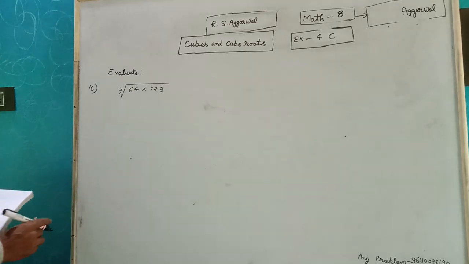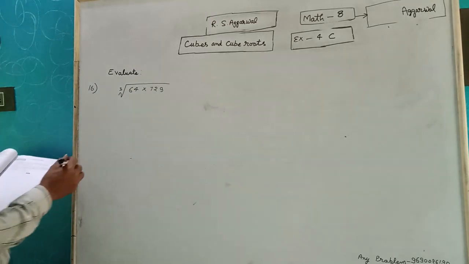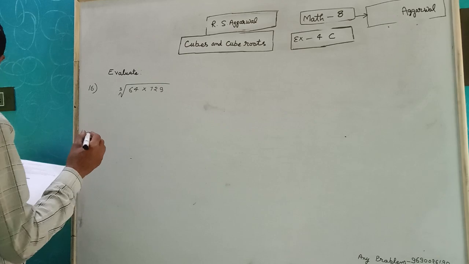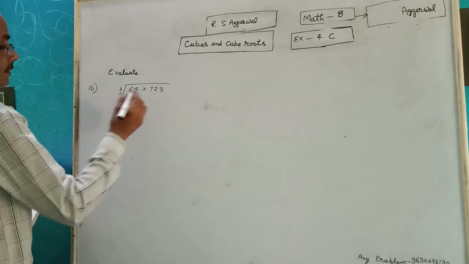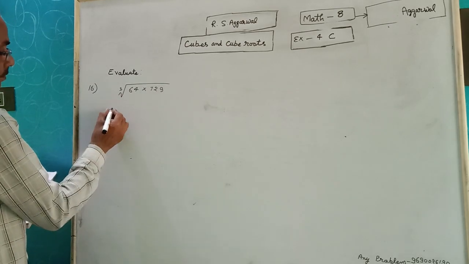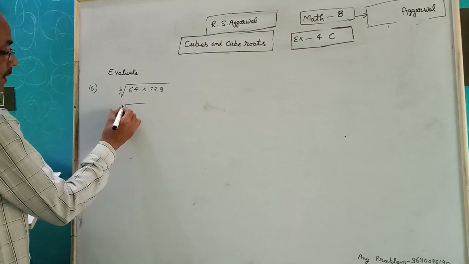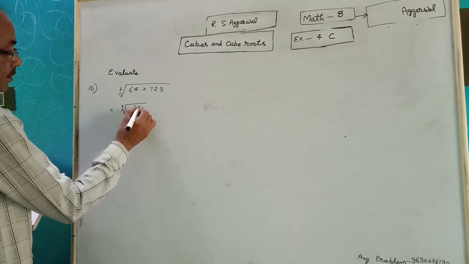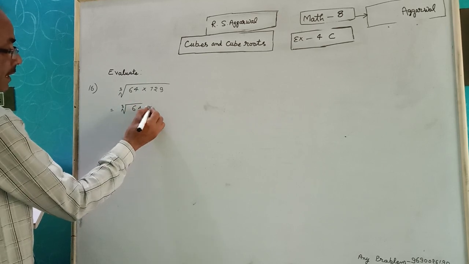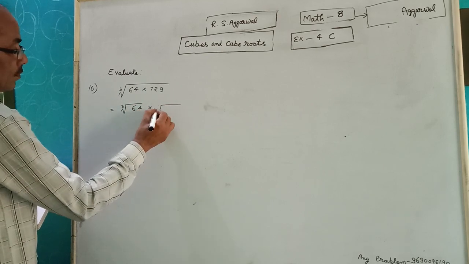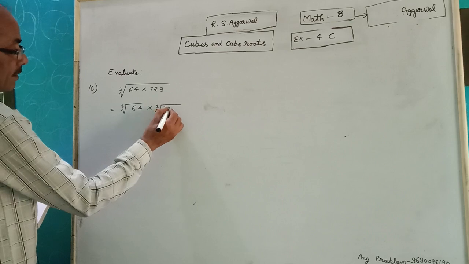After factor will be, do the prime factor, or you write the two part, 64 multiply cube root 729.